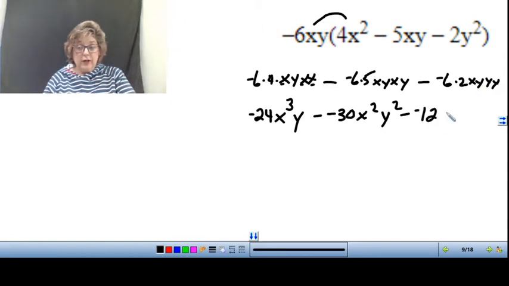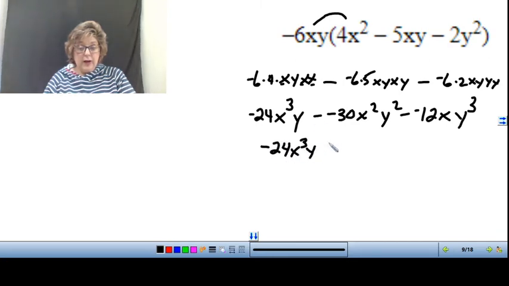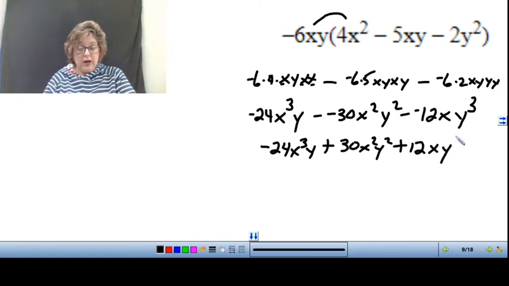You have 1x, 1, 2, and 3 y's. Minus a negative, I'm going to clean this up slightly, 24x to the third y plus 30x squared y squared plus 12x y to the third. So I'm going to clean it up, and that would be my final answer.